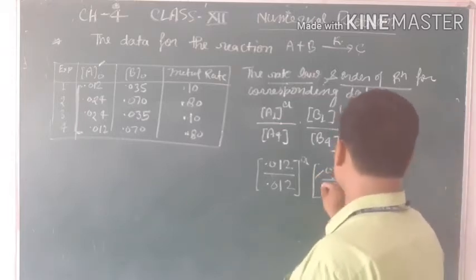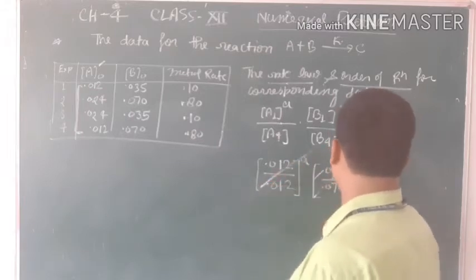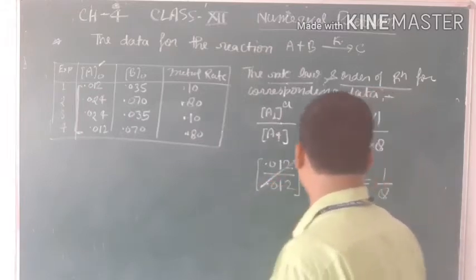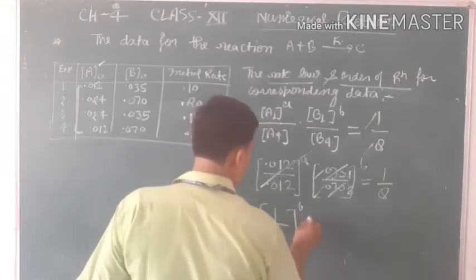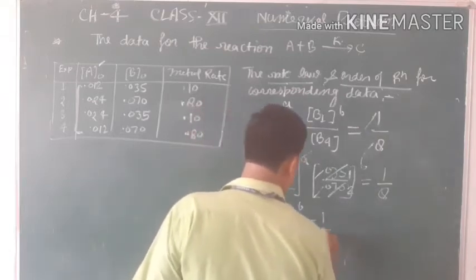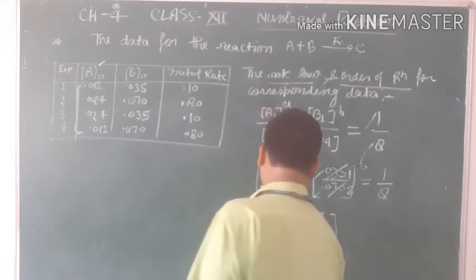So this cancels out. 1 upon 2 to the power b is equal to 1 upon 8.